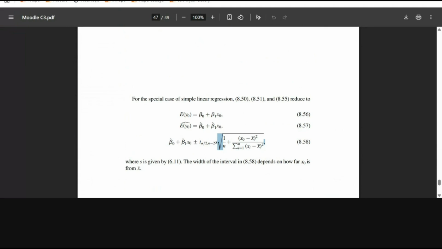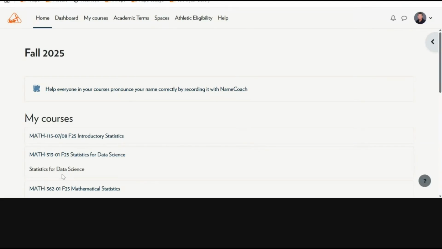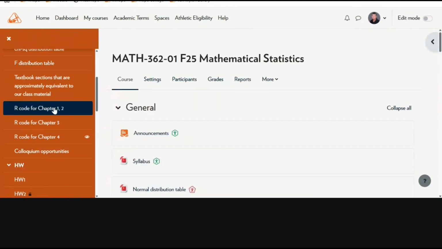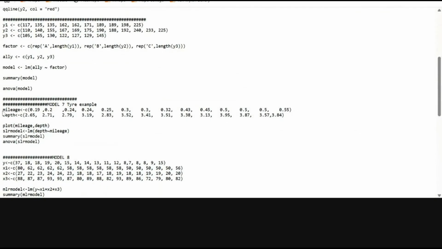It's very similar. So group work 19 is very similar to 18A. But it's using this data. So let me bring it there. It's using the R code for chapter 1. Yeah, it's using this one, the mileage and that.